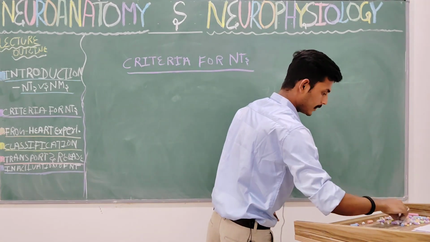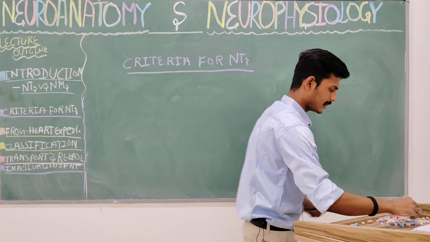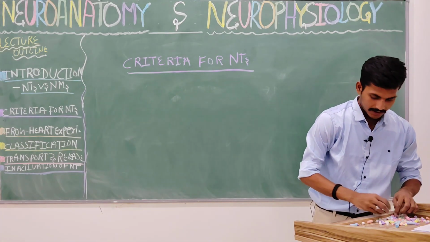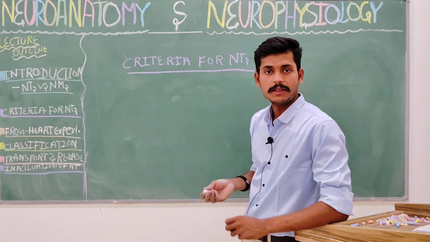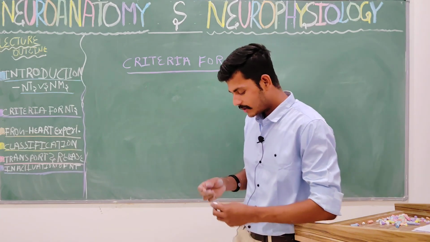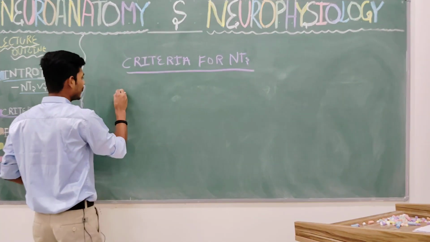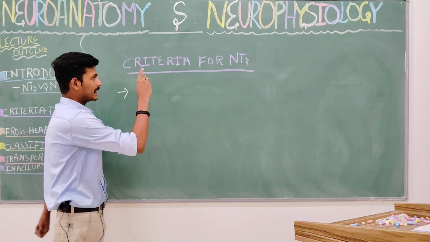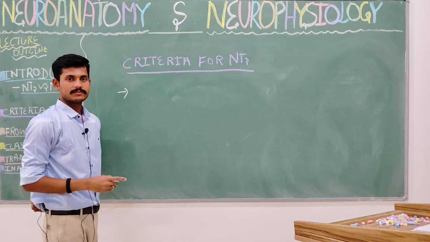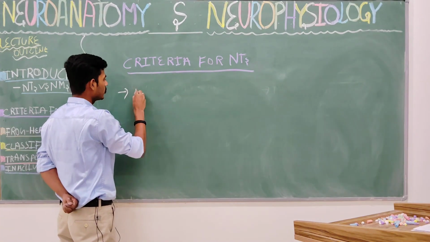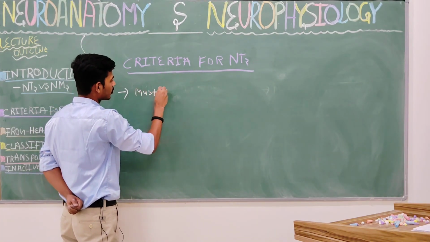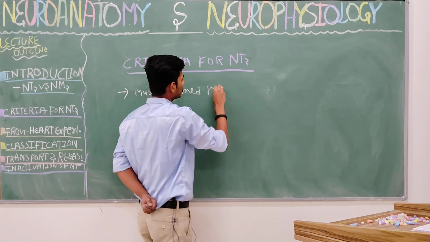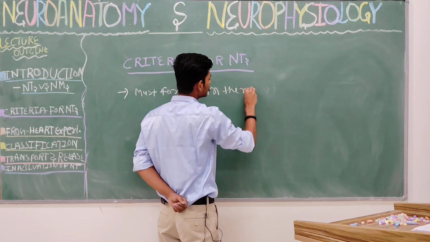Now, what do you think? Give me any idea how we will define a neurotransmitter. One way to define the neurotransmitter is about their production. Write it down: the neurotransmitters must be formed in the neuron.